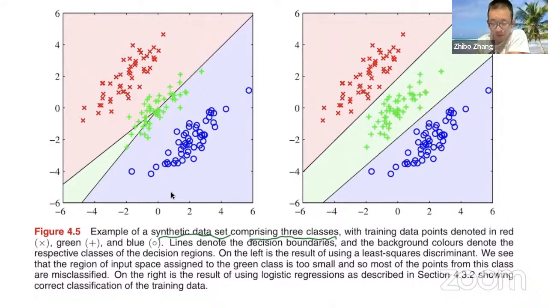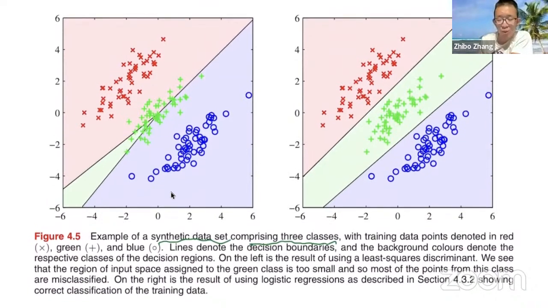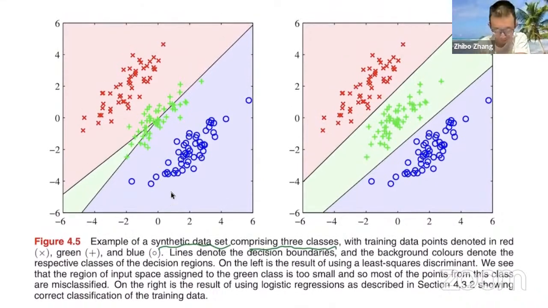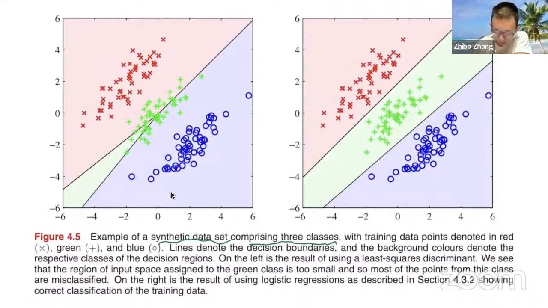It gives perfect examples of some concepts, so definitely utilize them when you read through the book. The training data points are denoted in red, green, and blue. Here you see three clusters of data points. Lines denote the decision boundaries and background colors denote the respective classes of the decision regions.